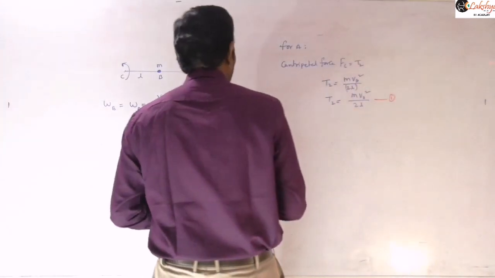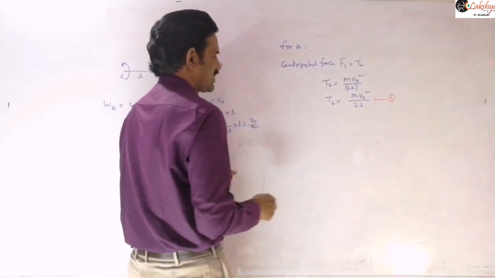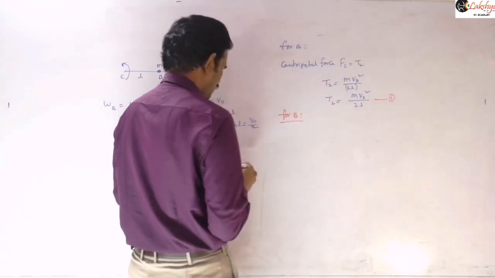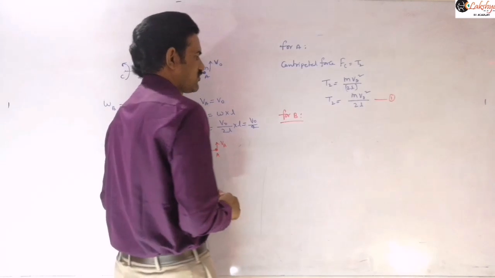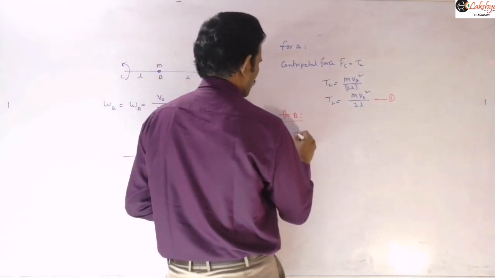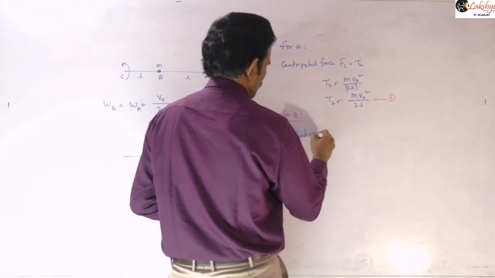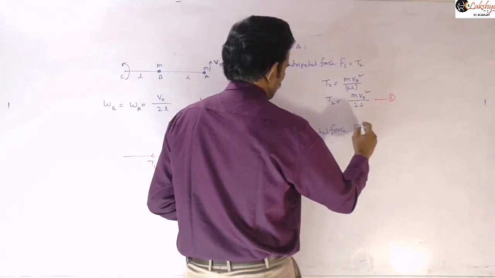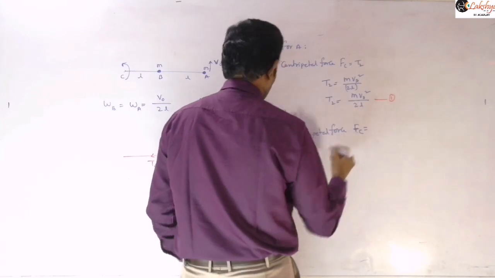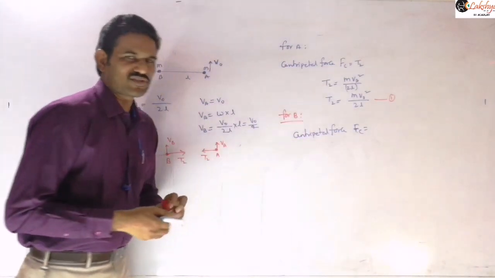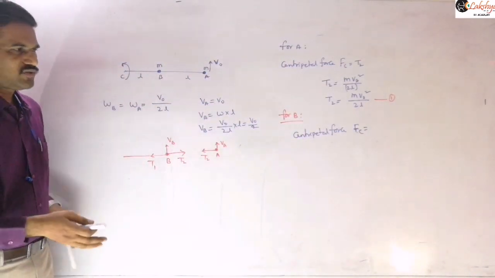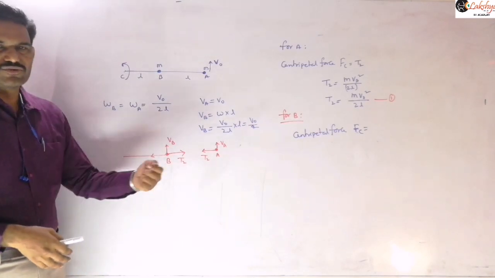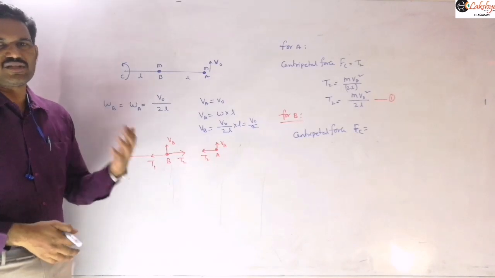And next for B I am writing here. So for B, let us write such a centripetal force equation here. For B, centripetal force Fc is equal to, so in the last class we discussed already, when two or more forces are acting on the particle, then the resultant of those forces which is directed towards the center will be the resultant force.